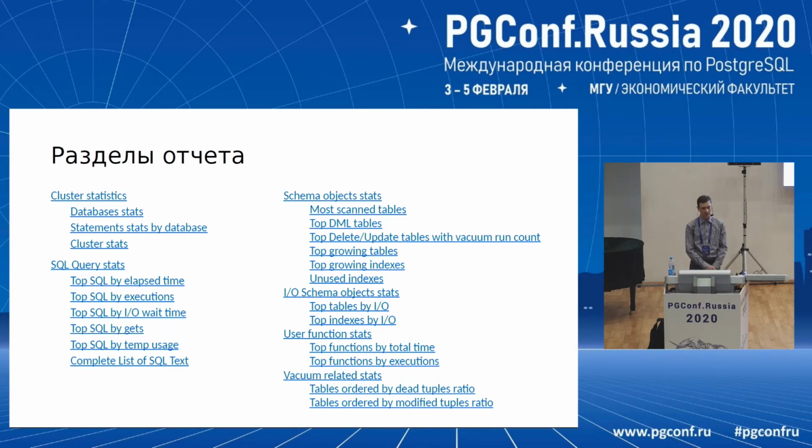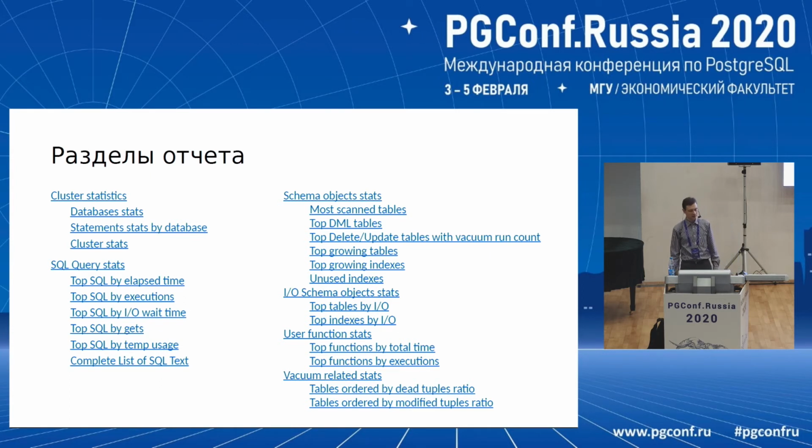Cluster statistics is at the scale of the whole cluster, with the database and the statements. There is aggregated statistics for all statements collected in pg_stat_statements between the snapshots we're interested in, and the cluster stats referring to the bgwriter, checkpointer, and other things in the third table of cluster stats.